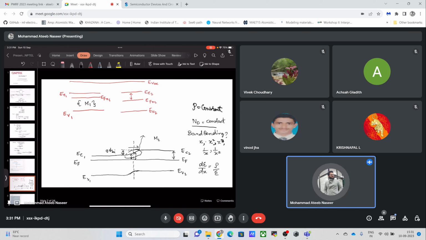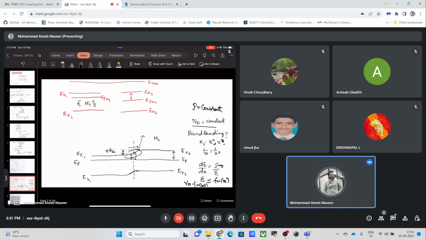If this rho is constant and I am solving for electric field, it would be some function of x. Now I know the potential is minus dV by dx, so this potential is simply some function of x square.